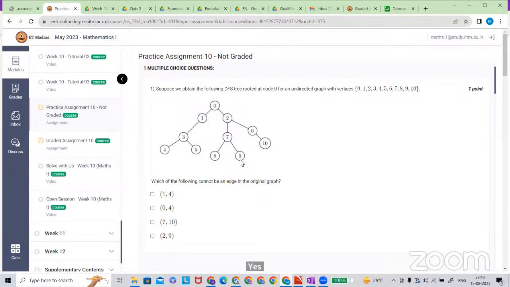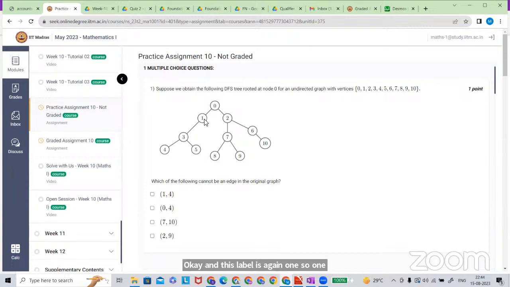Okay, now if a BFS tree had been given, how would we find this? Suppose this problem is for BFS. Now we start counting the levels. This level is 0, this level is 1, and this one is again 1.